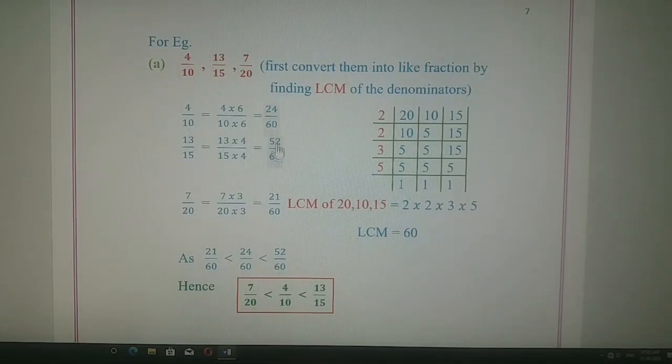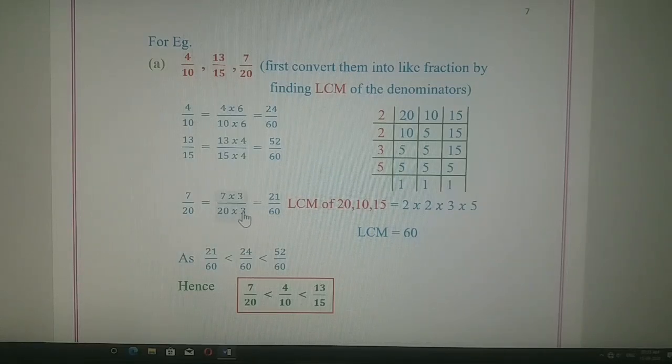So the new fraction thus obtained is 52 upon 60, and in the new fraction the denominator will be the LCM integer. In the third example, 7 upon 20, here the denominator 20 has to be multiplied with such a number that we get the LCM integer 60. So 20 is multiplied with 3, we get 60. 20 3s are 60.